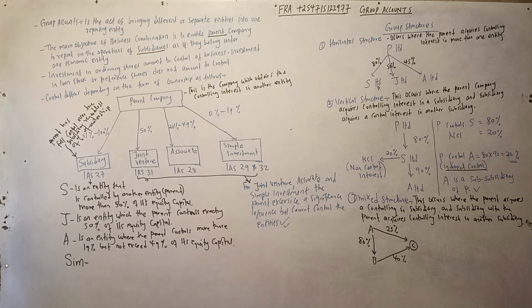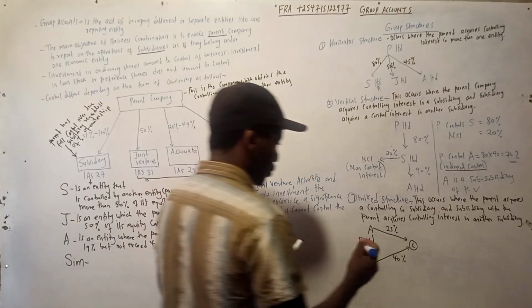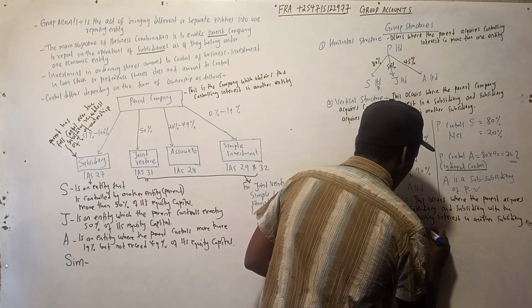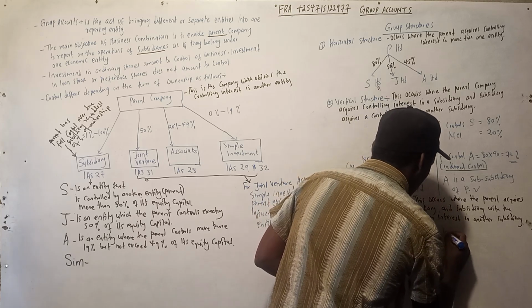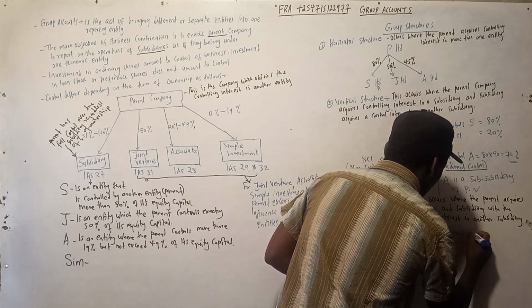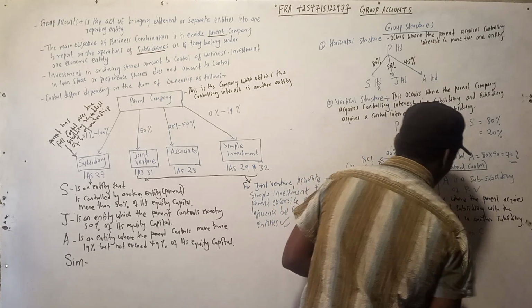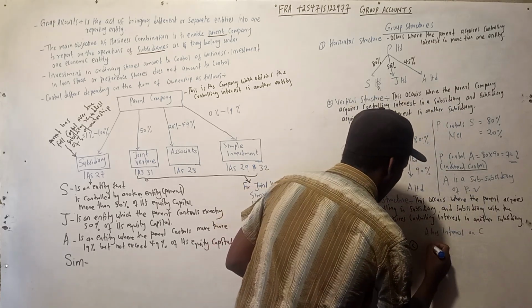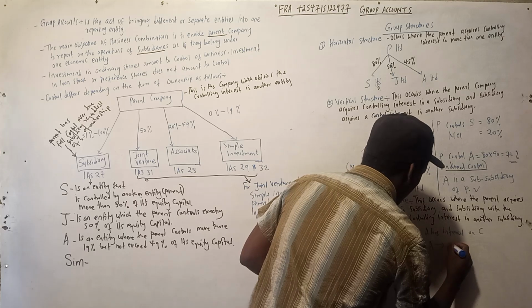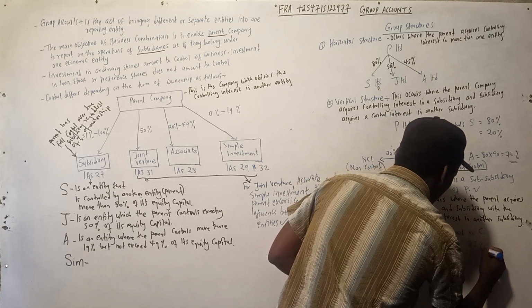That one is correct. Now with this, what we can say is that A has interest in C. How? The first one is A to C, which is 25%.